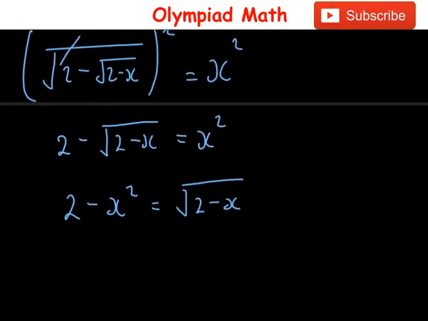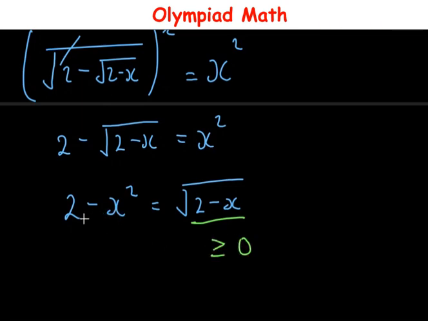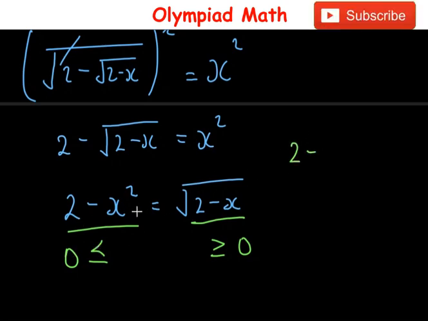Now, from here, the number under this square root radical sign will be greater than or equal to 0. This also means that this value right here will also be greater than or equal to 0. So in this case, we have that 2 minus x squared will be greater than or equal to 0.